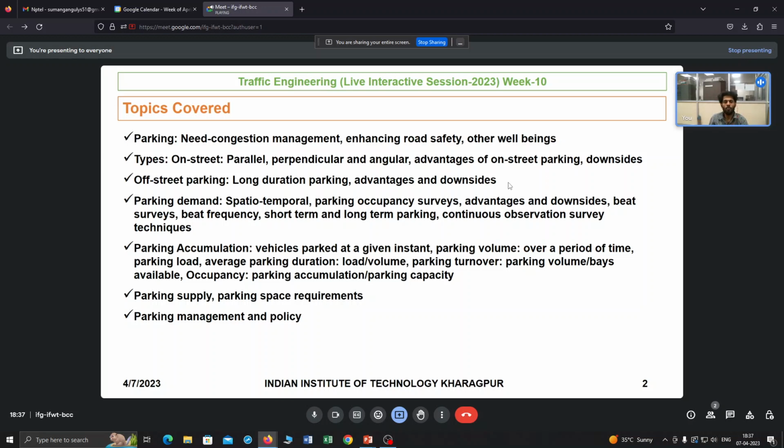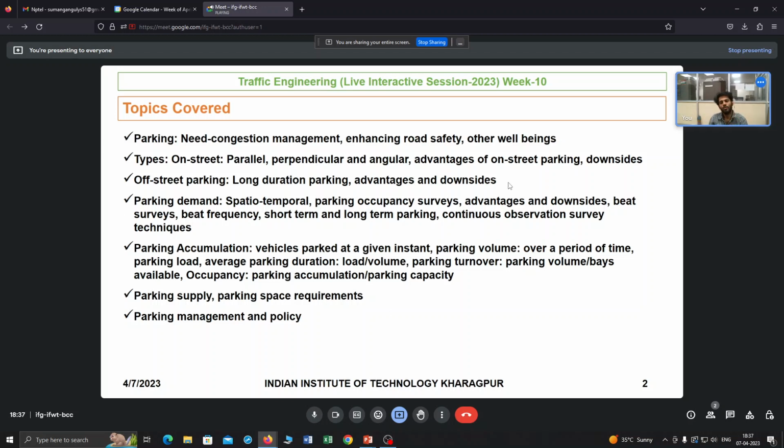Now there is something called parking load. Suppose your first vehicle remained for 5 minutes, the second vehicle remained for 2 minutes, the third vehicle remained for 5 minutes, the fourth vehicle remained for 10 minutes, and the fifth vehicle parked for 30 minutes.